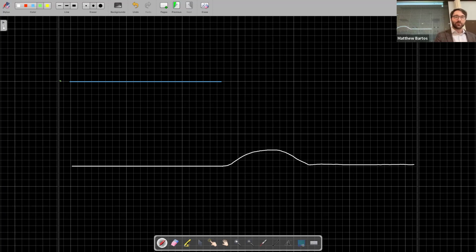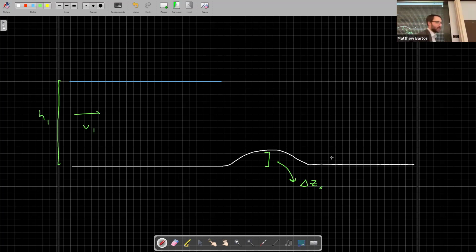At the upstream end, we'll have some depth h1, some velocity u1. We're assuming steady state conditions here. The channel is horizontal until it encounters this bump in the bottom, and let's say that this bump has a height of delta z naught. So the flow is moving in this horizontal channel and it encounters this bump.